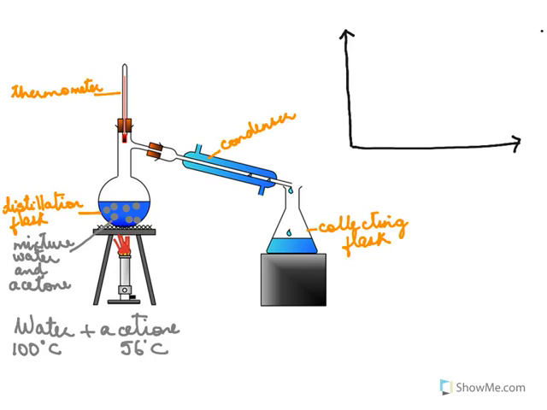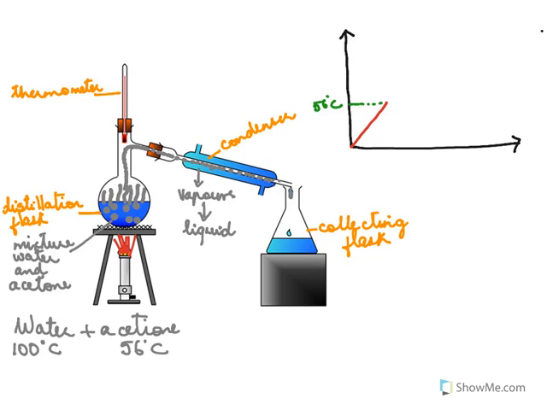Now as this mixture is heated, the temperature will keep rising till it reaches somewhere around 56 degrees Celsius, because at 56 degrees Celsius the acetone is going to evaporate and vapors are going to form. These vapors will travel up into the condenser and as they move in, they get cooled down because of the water, and the vapors turn into liquid.